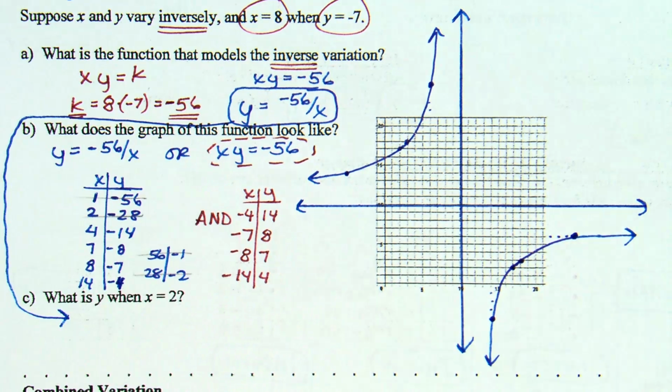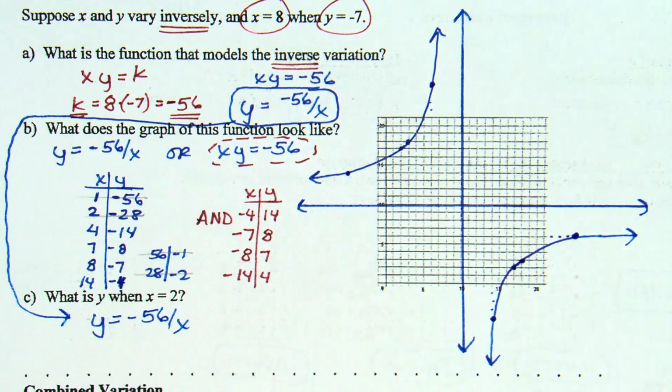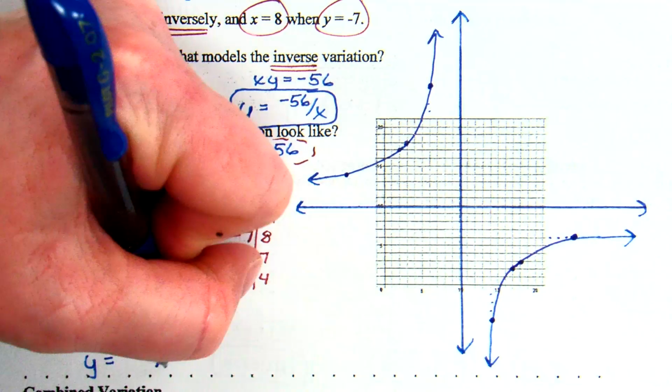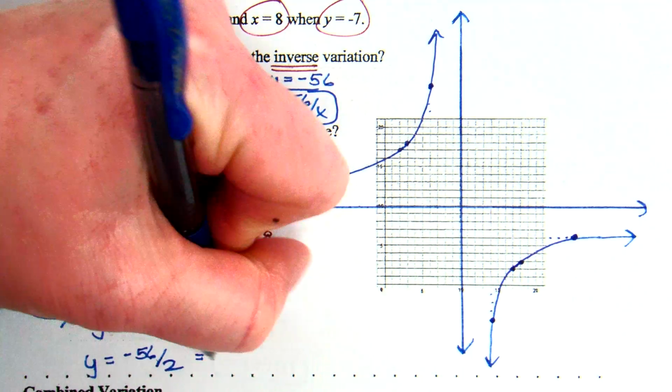We came up with this equation up in step A that says y equals negative 56 divided by x. So you can put it into that equation. Now, in all technicality, this is one of our points from part B, isn't it? So you could grab the number from part B. But negative 56 divided by 2 when x is 2, and that is negative 28.